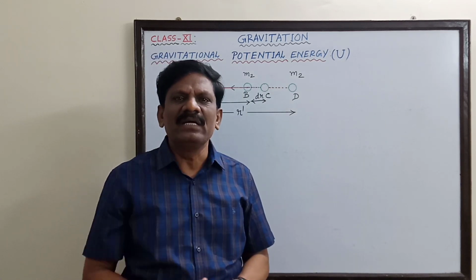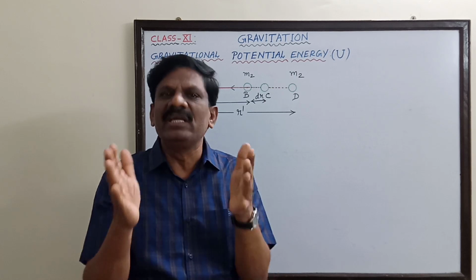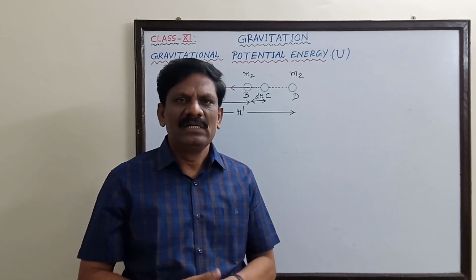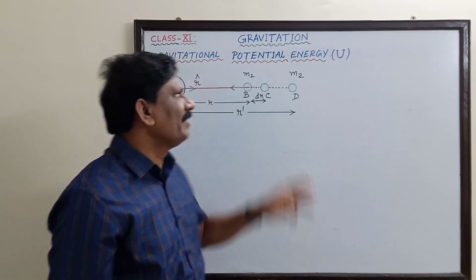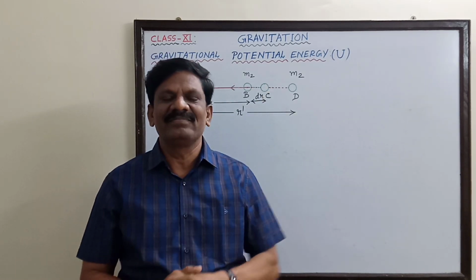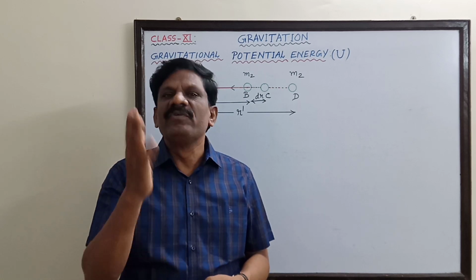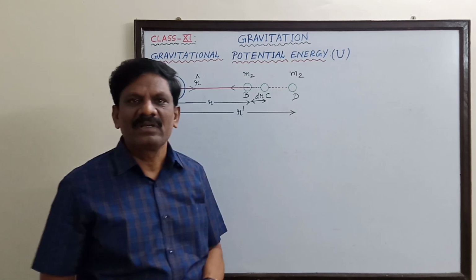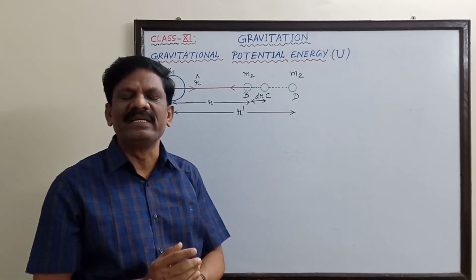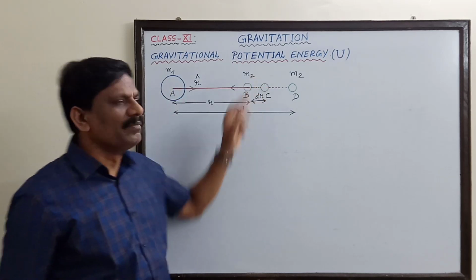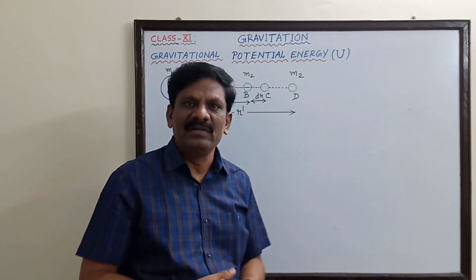Suppose m1 and m2 are almost equal or comparable, with slight differences. Then we use the term gravitational potential energy of the system, the two particle system. Suppose you take m1 extremely larger than m2, or m2 negligibly small in comparison with m1. For example, m1 is the mass of the earth and m2 is the mass of a falling apple.